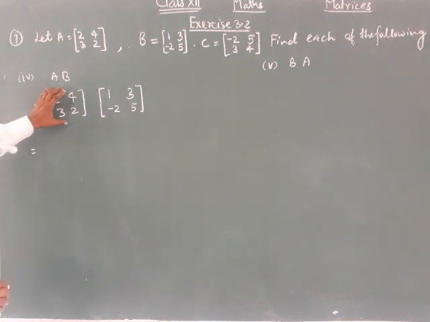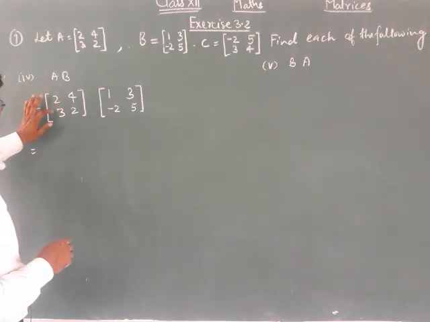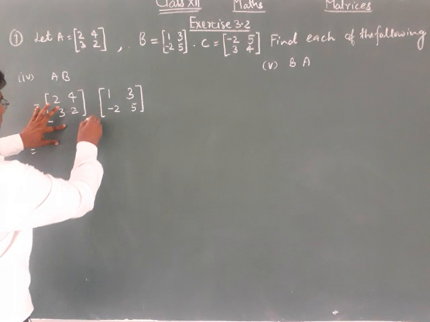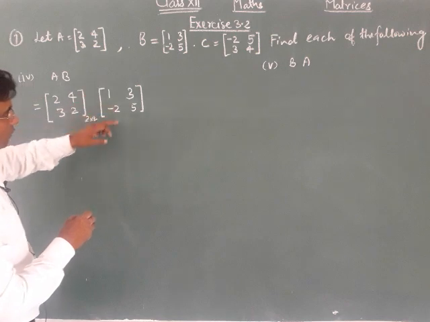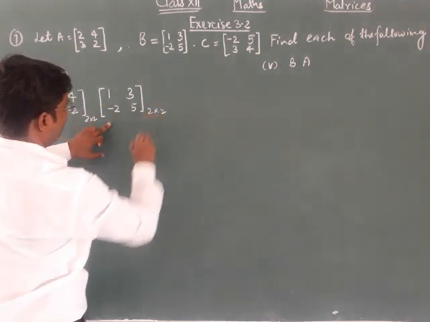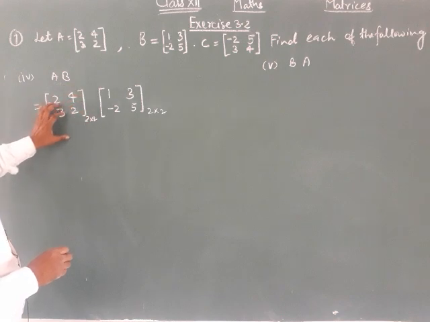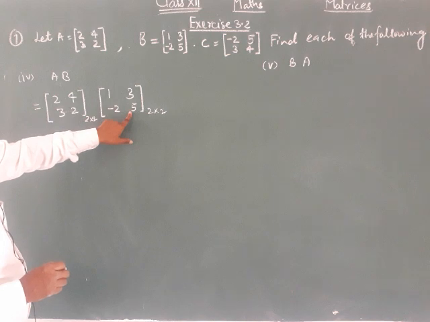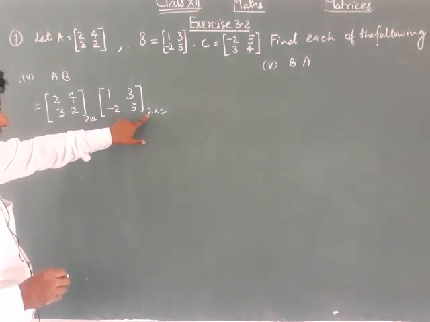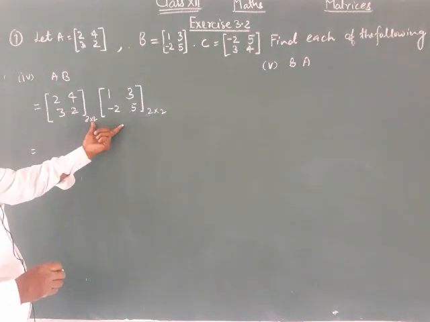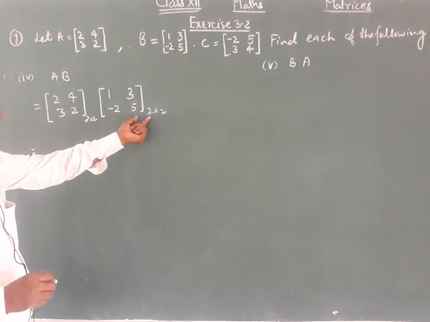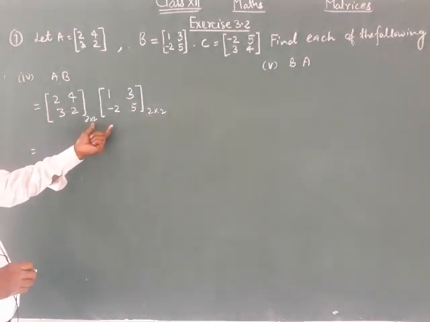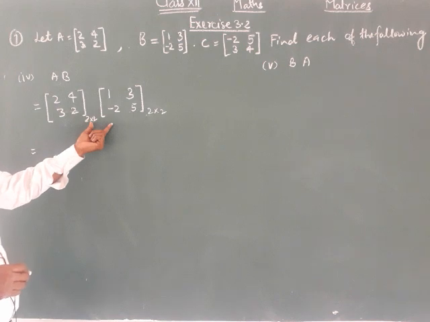Initially we check the order of the matrices. 1 row, 2 rows, and 1 column, 2 columns: this is 2 by 2, and the second is also 2 by 2. If the number of columns of the first matrix and the number of rows of the second matrix are the same, then multiplication is possible.